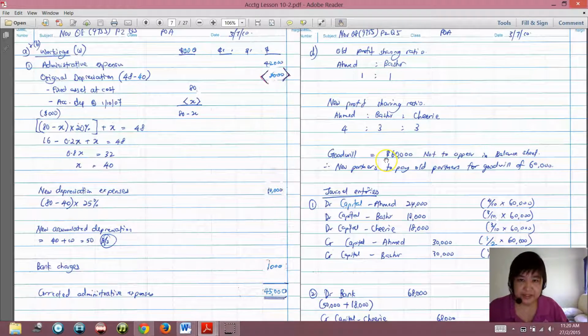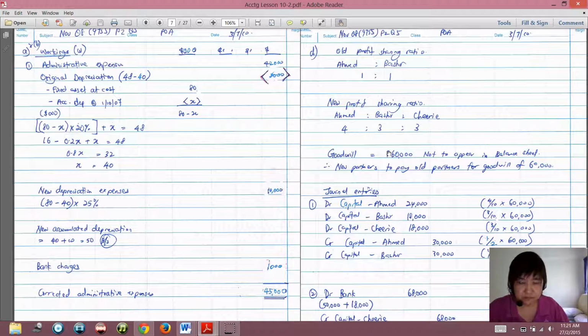So the question says the goodwill is 60,000. Like what I explained to you just now, this 60,000 was generated throughout the years by the old partners. The old partners have slogged through the years and brought the company to what it is today.